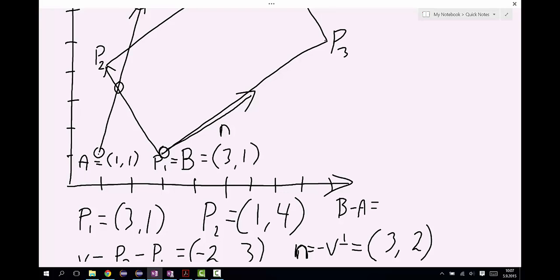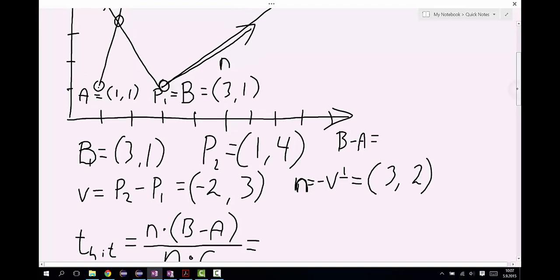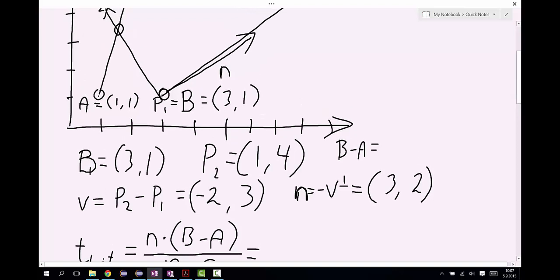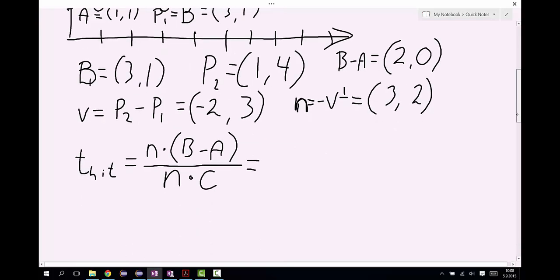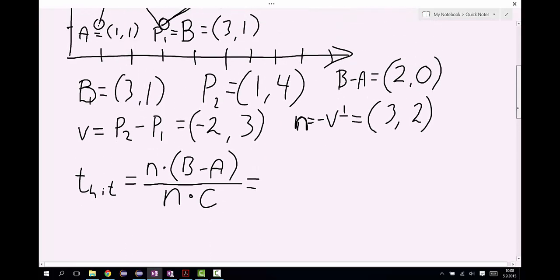So we can also say p1 is now b rather than p1. So b minus a equals (3, 1) minus (1, 1), which is (2, 0). So that's the vector between those points.